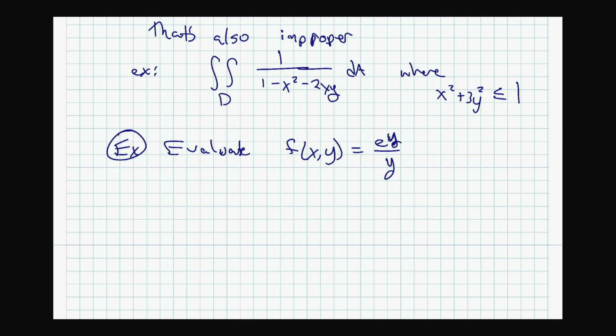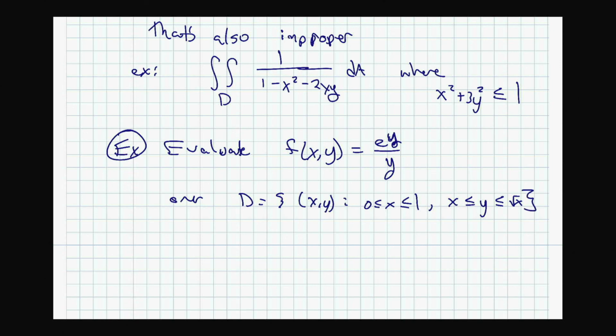Okay, so we got a function. Consider the function f of x y equals e to the y over y, over the region D, which is the set of all x comma y such that 0 is less than x less than 1, x less than y less than square root x.